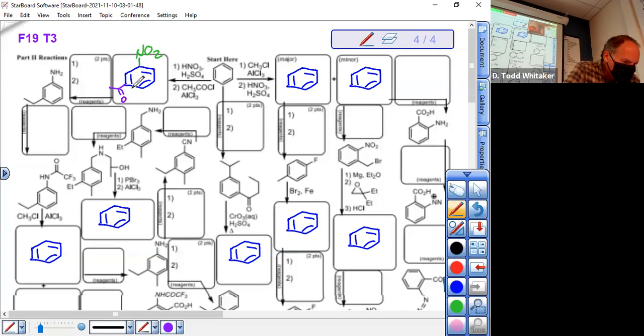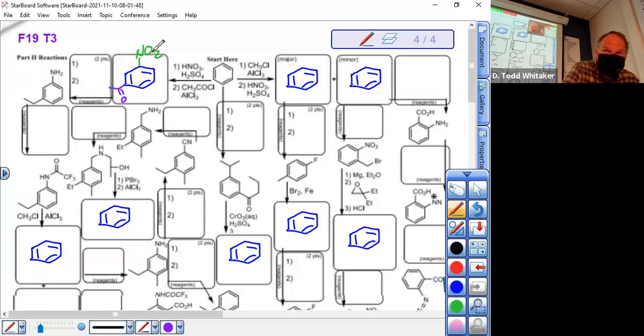This is the protocol to reduce the NO2 to an NH2, one of the parts. And we don't have a reaction that does that and reduces a ketone to a CH2, so don't pretend we do. Two separate things. H2 and nickel, good idea. H2 and platinum, good idea.